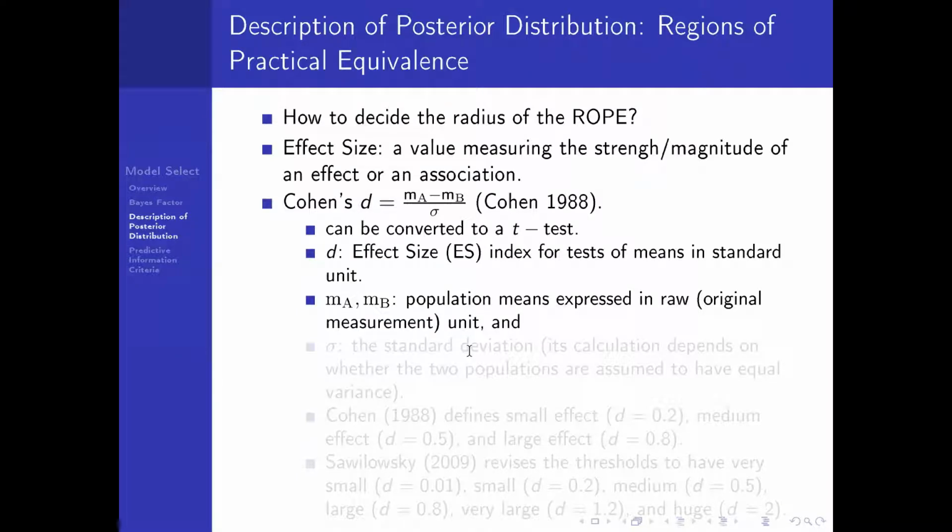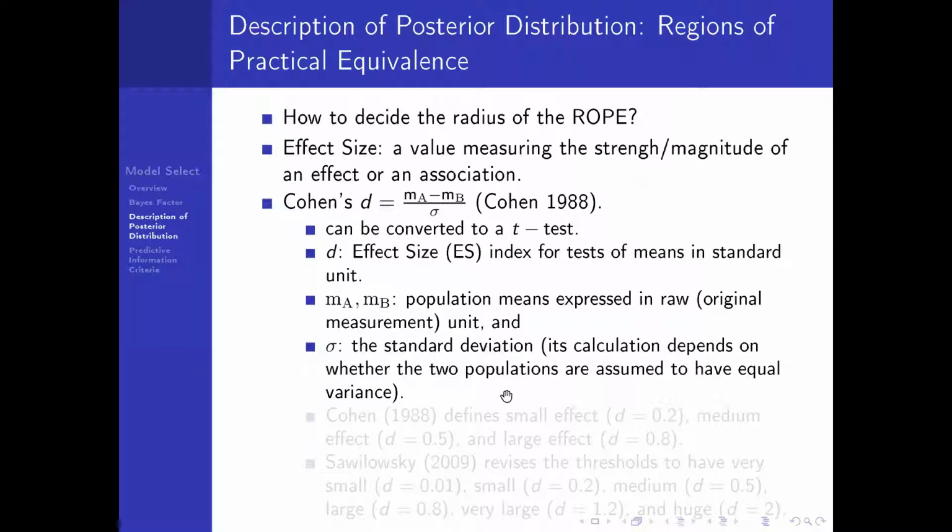And this Cohen's d is called the effect size index for tests of means in standard units. And here, M subscript A and M subscript B refer to population means expressed in raw units, that is, original measurement. And sigma is the standard deviation. Its calculation depends on whether the two populations are assumed to have equal variance, right? And then we have different formulas for it.